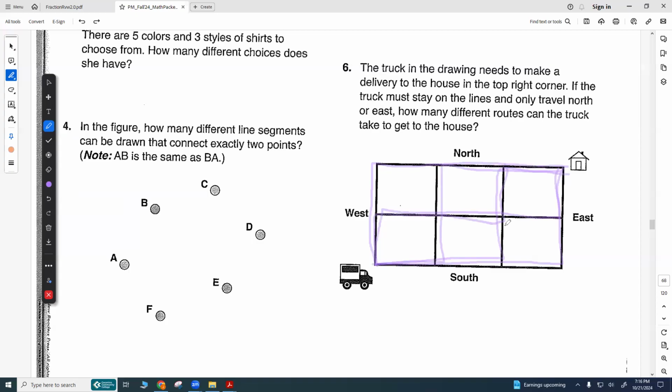So it says it takes 5 steps to get to the house. 2 will go north and 3 will go east, right? Regardless of whichever combination. Write the list showing all the possible placements for east and north.